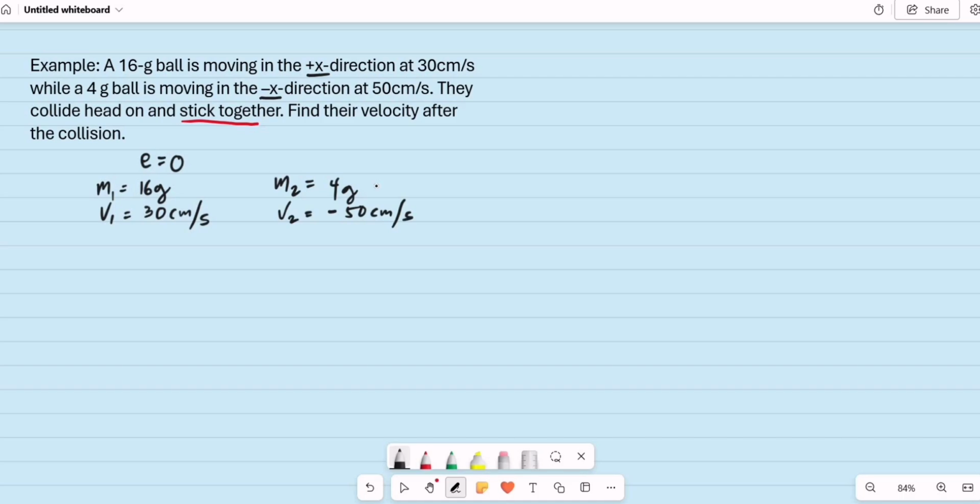So for case number 2, our equation is mass 1 times v1 plus mass 2 times velocity number 2 is equal to, since they stick together, the combined masses, mass number 1 plus mass number 2, times their common velocity. So let us substitute.